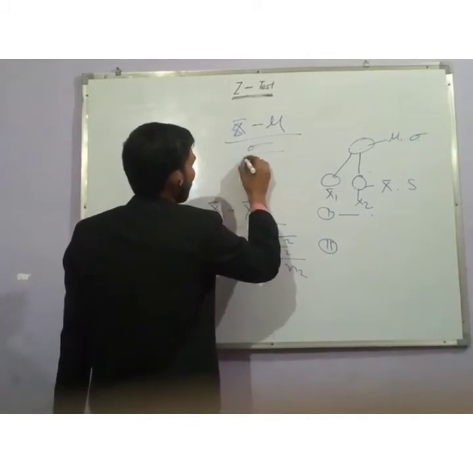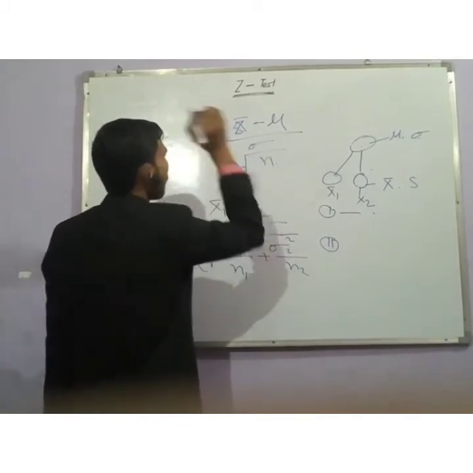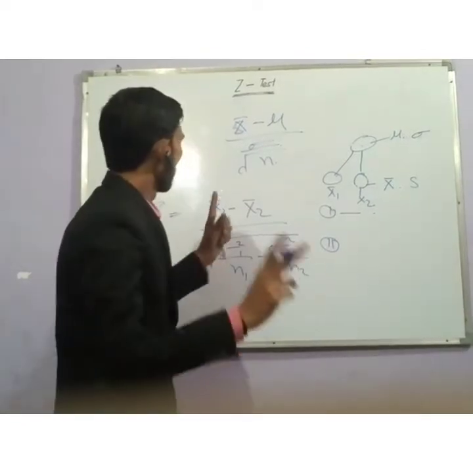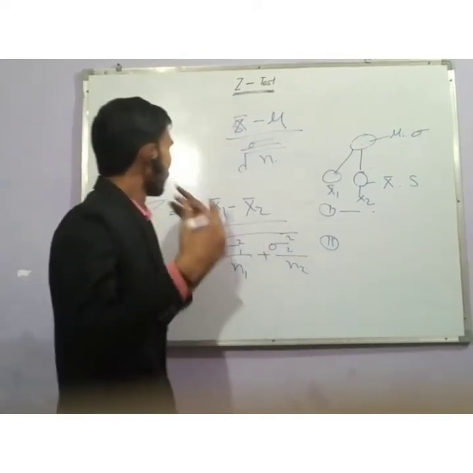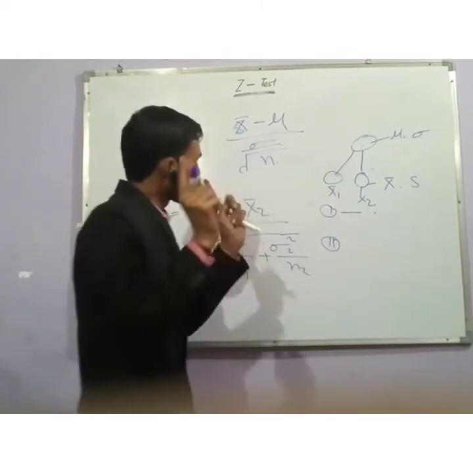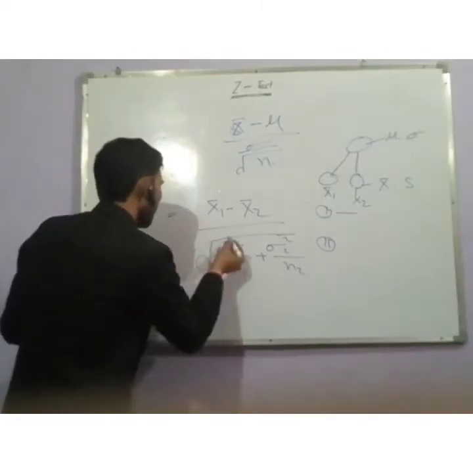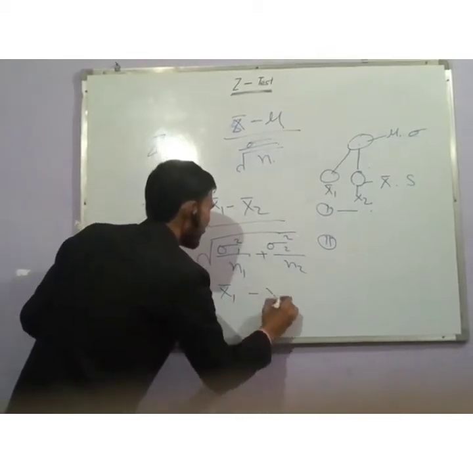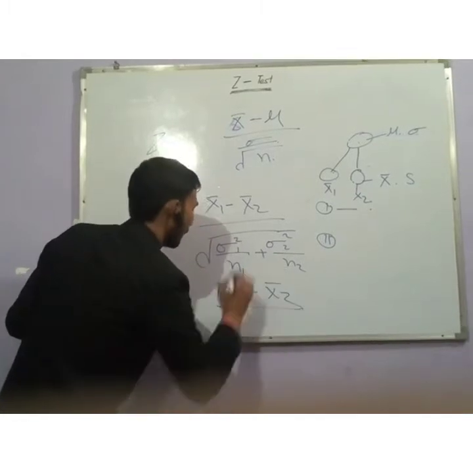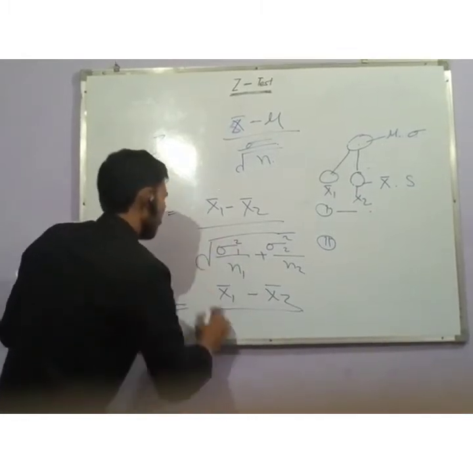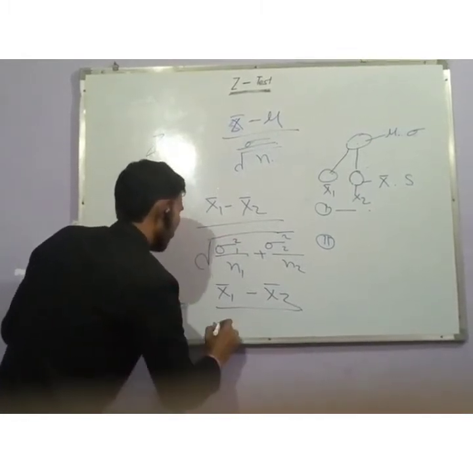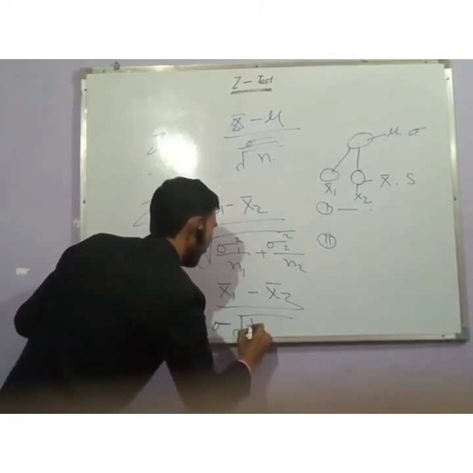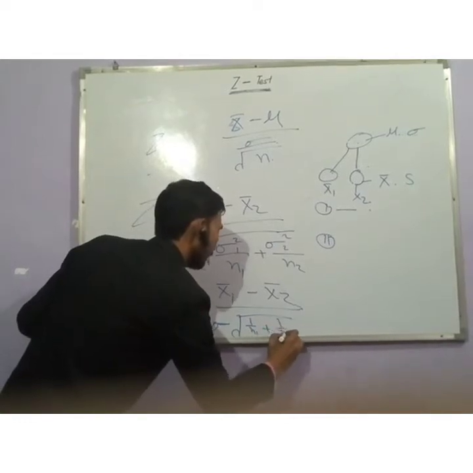If the two samples are drawn from the same population, then the modified formula is x bar 1 minus x bar 2 divided by sigma times under root 1 by n1 plus 1 by n2.